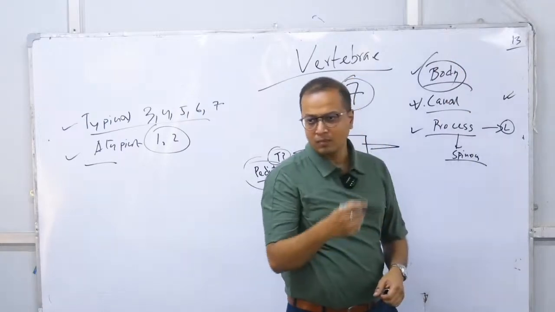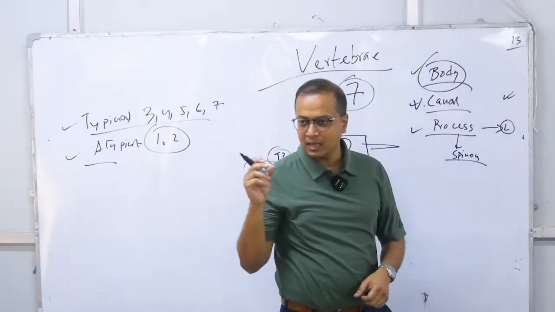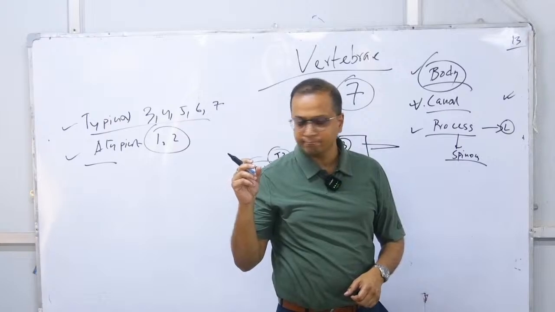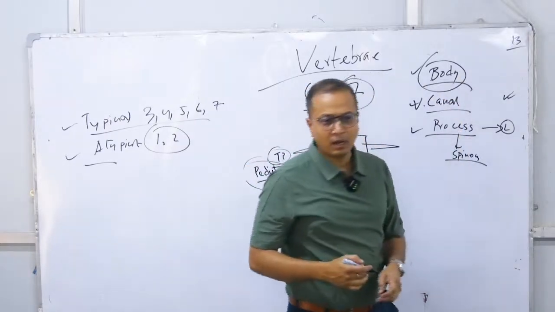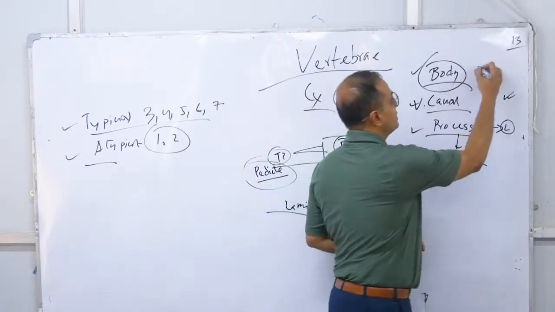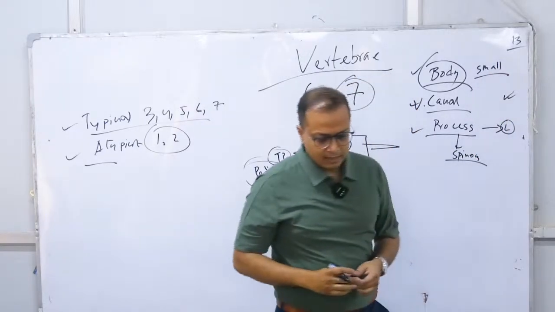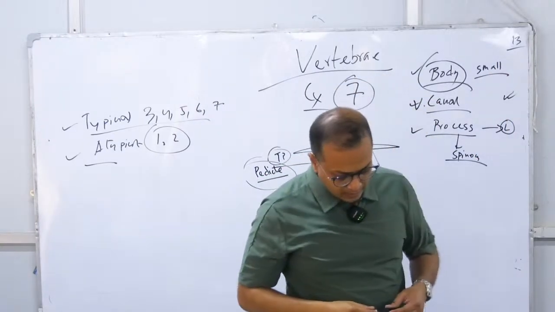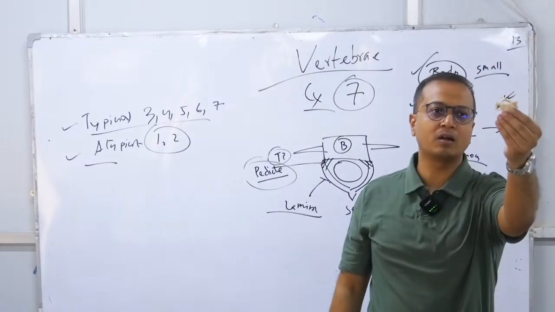The body of the cervical vertebra is thin, and there is not enough bony material compared to the lumbar or the other spinal regions. So the body is small, and if you look at it, it looks like a small heart shaped structure.